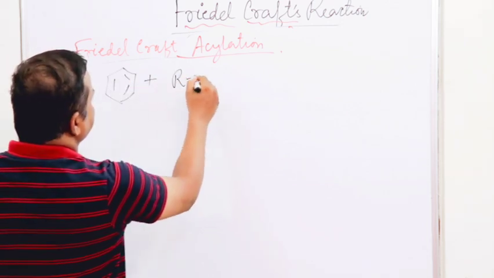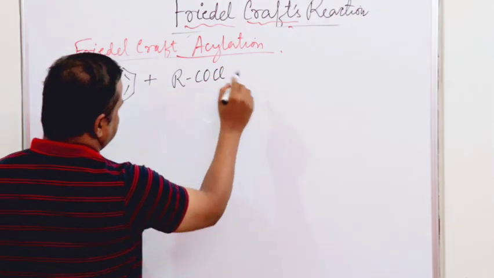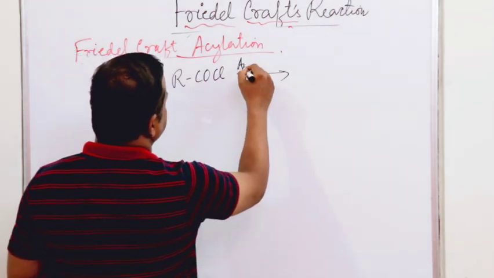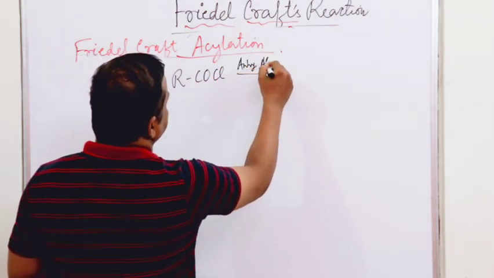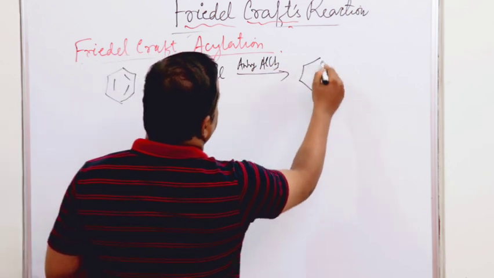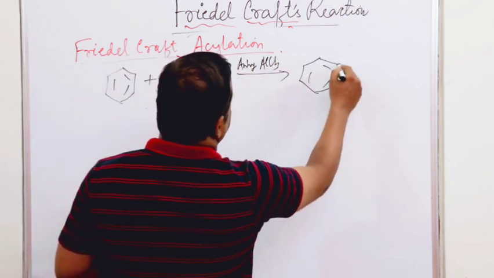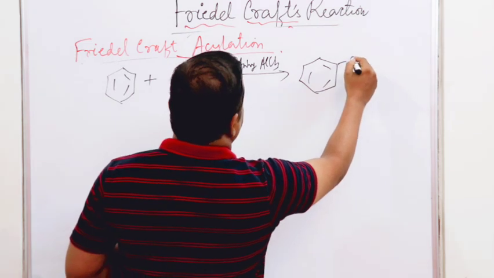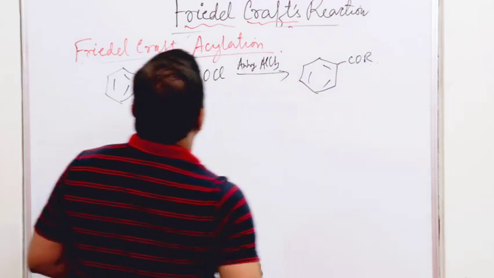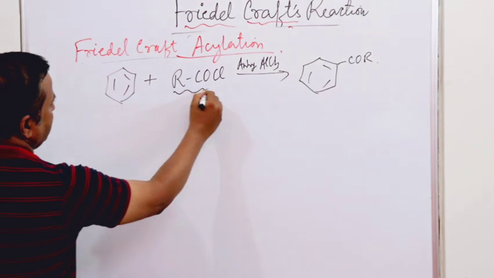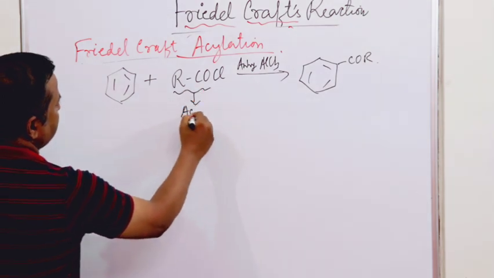If we attach, with anhydrous AlCl3, COR here, then this is called acylation. This RCO group is called acyl group.